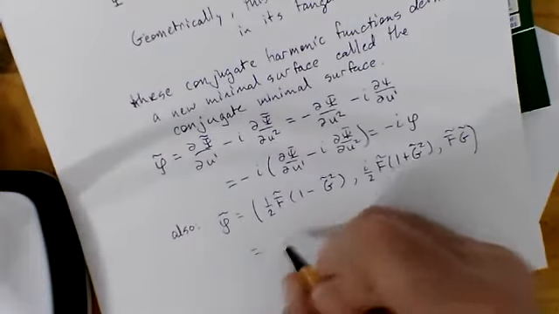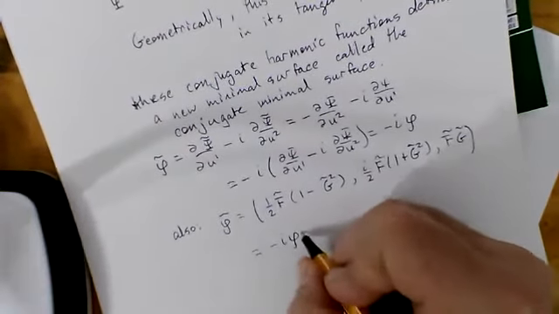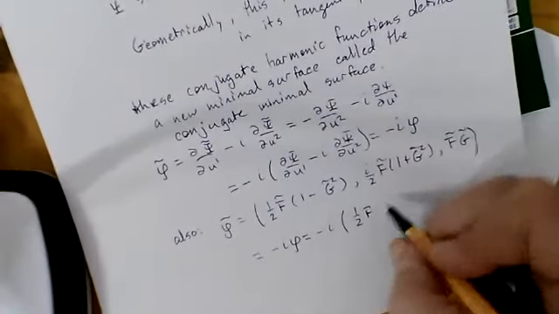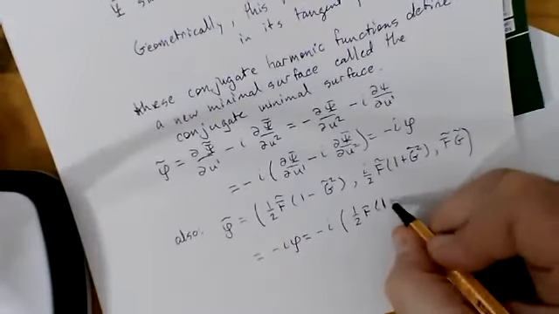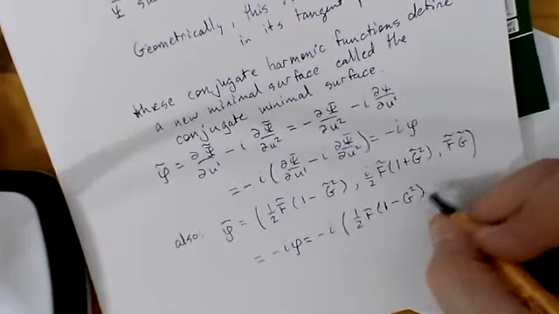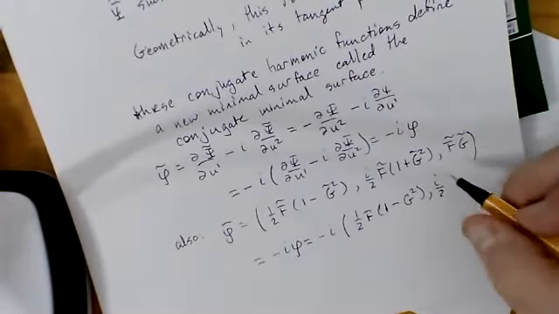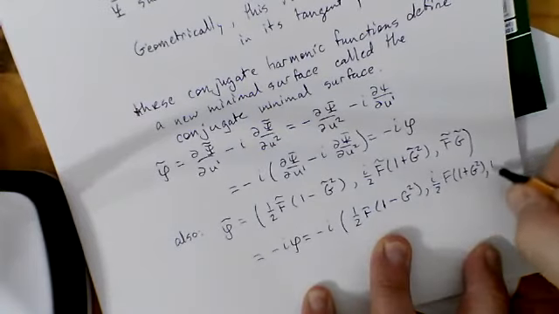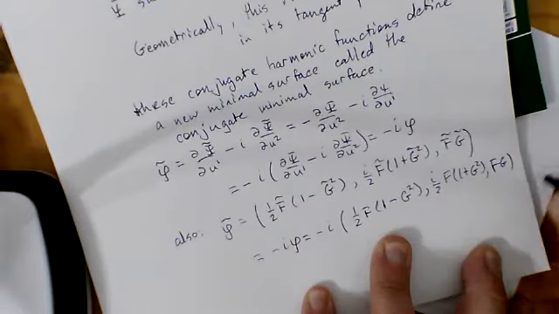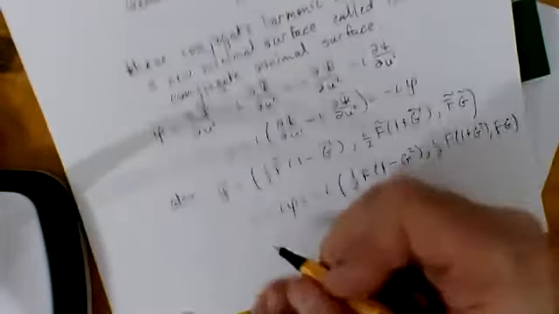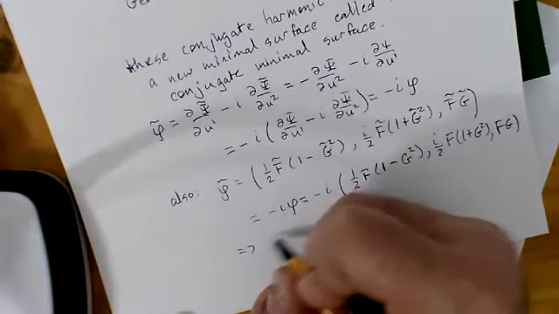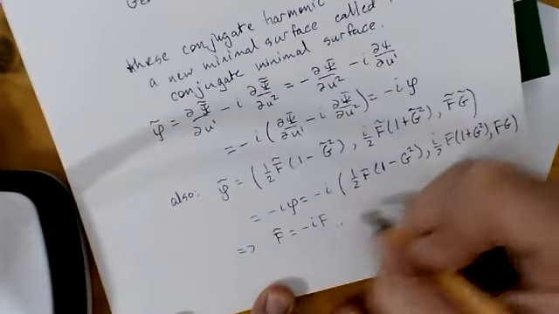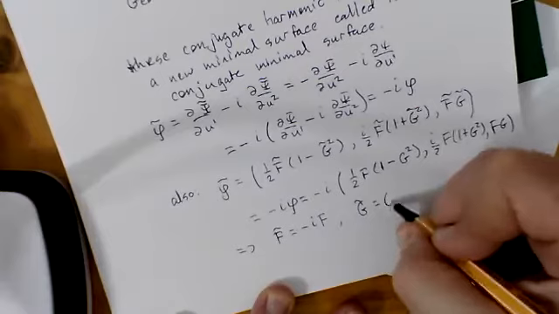Remember, this is supposed to be minus I phi, which is minus I times a half f(1 minus g squared), i over 2 f times (1 plus g squared), fg. So what does this mean? This means that I can take f tilde is minus I f and g tilde is g.